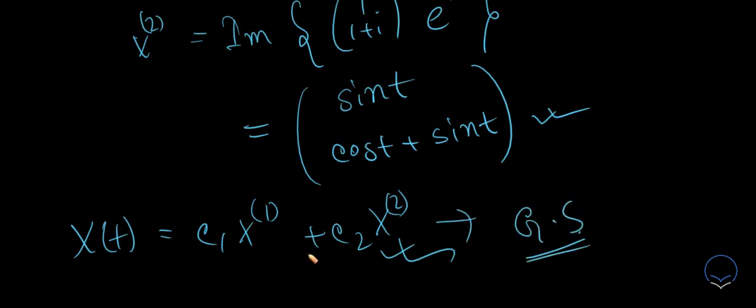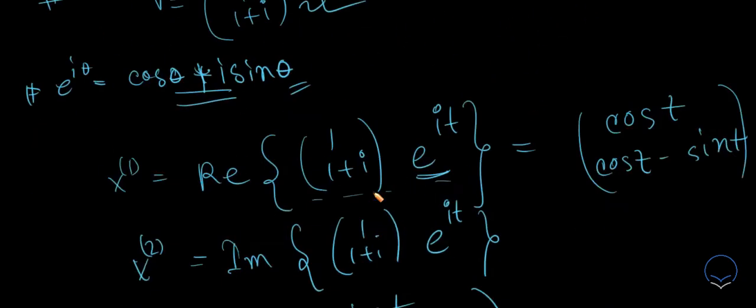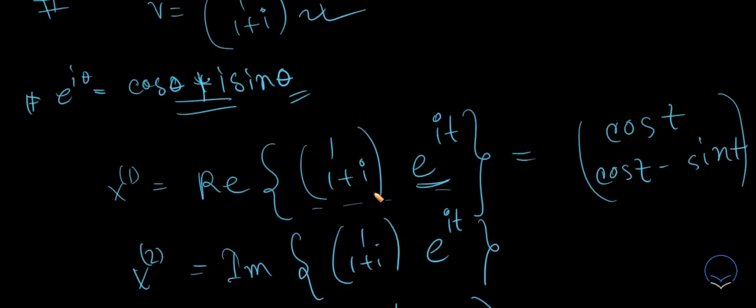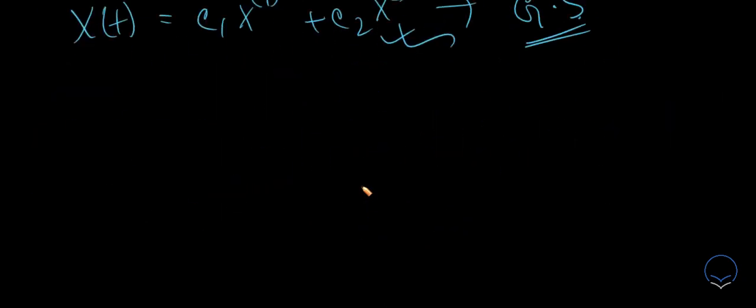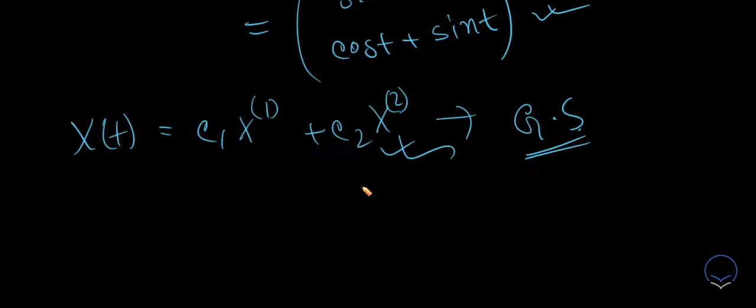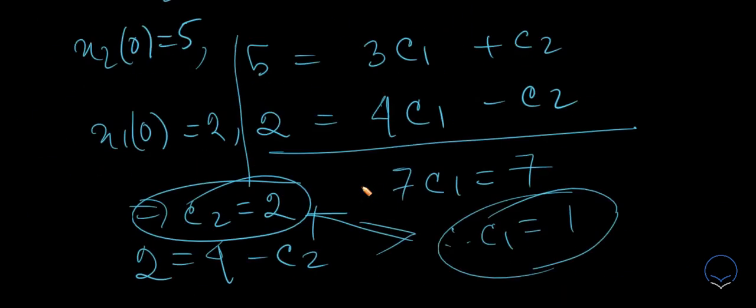And this c1 and c2 can be evaluated if there are any initial data. So that's the idea. I have only shown you the 2x2 systems, but this will also work for any n cross n system that is homogeneous and the coefficients are constants.